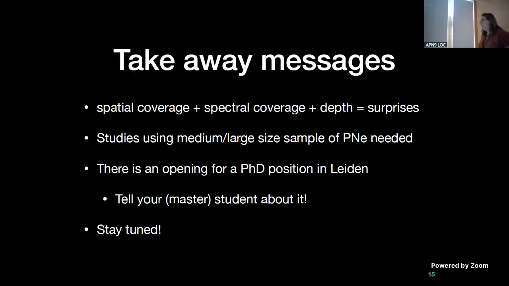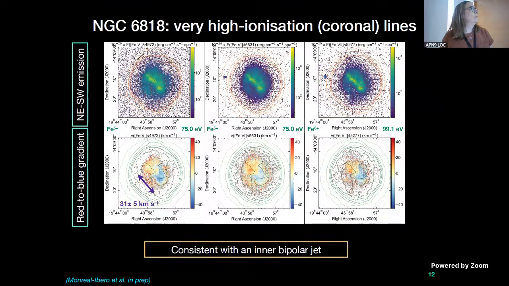We have questions? Very nice talk, Alan. I have a question regarding the MUSE data of NGC 6818. When you detected the coronal lines, have you detected recombination lines of metals in this spectrum? So you are not asking about these particular lines.